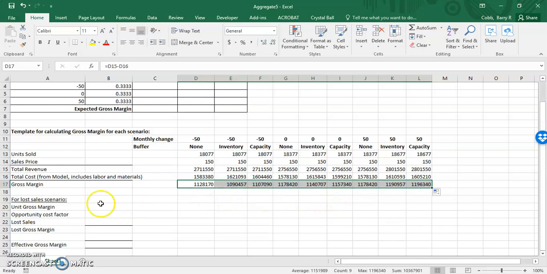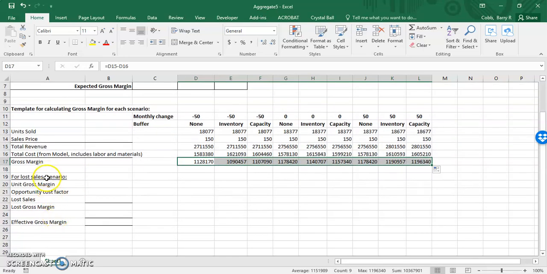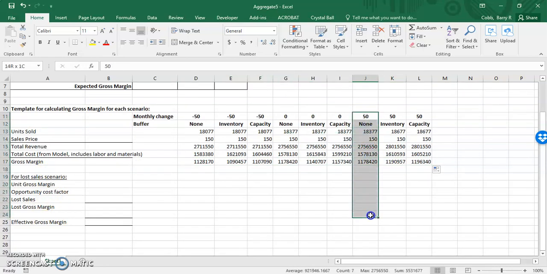There's one scenario here where we need to consider lost sales. And it's this scenario where we have no buffers, but demand has increased by 50 units per month. So we think about our unit gross margin in this scenario.